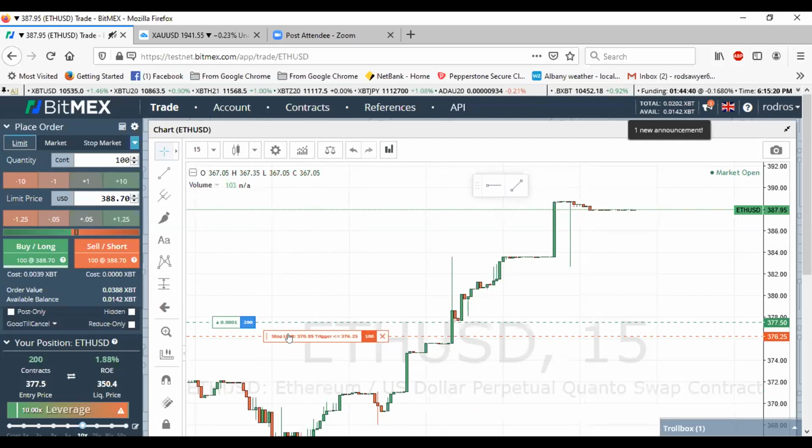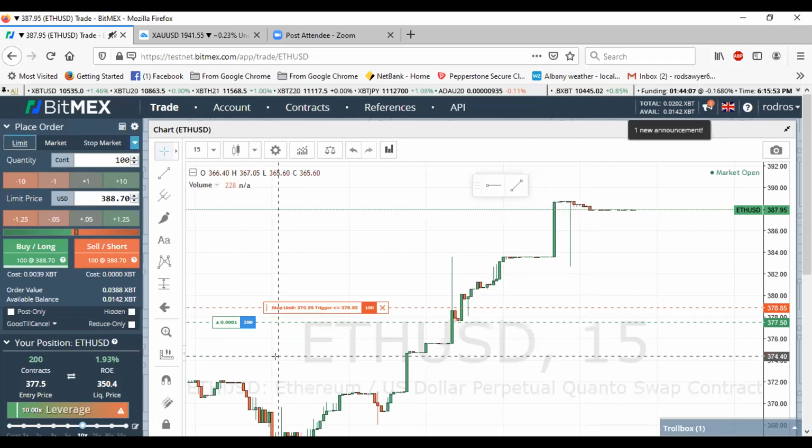Oh, I thought I'd moved it up above it at one stage. Yeah, but then you might have taken out that second 100, which would have moved your trade position. Oh, so it would have moved it down again. Yeah. So if you originally took out 100 contracts down here somewhere, then up here somewhere you took out another 100 contracts, the line's going to be exactly between the two, so it'll take the average of the two prices and put it in there. So if you want now, you can just drag the stop loss line up above. Yep. So now it's a no risk trade.